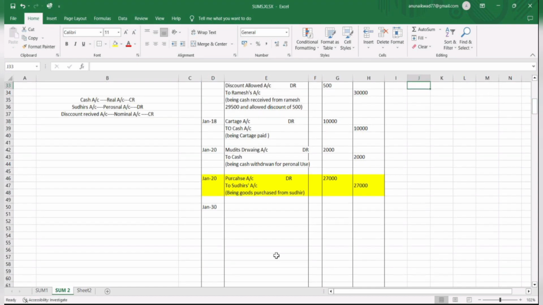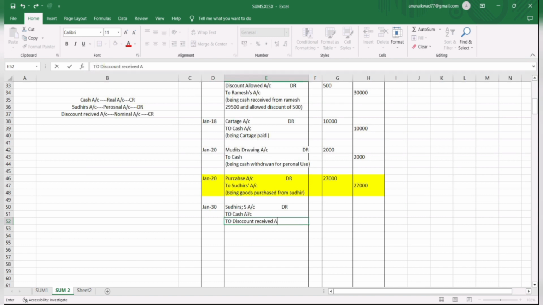Here Sudhir's account is debited. Sudhir's account debit, to cash account and to discount received account, two credit entries. We had to pay him a total of 27,000.